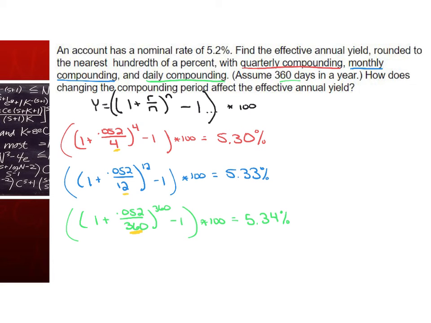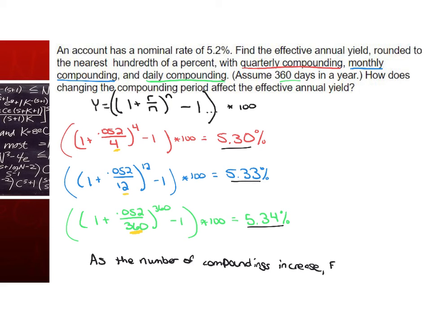As the number of compoundings increase, or get larger, from 4 to 12 to 360, what is happening to our effective annual yield?